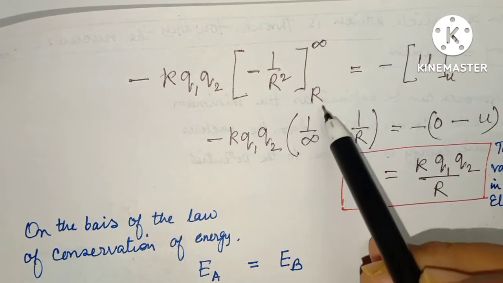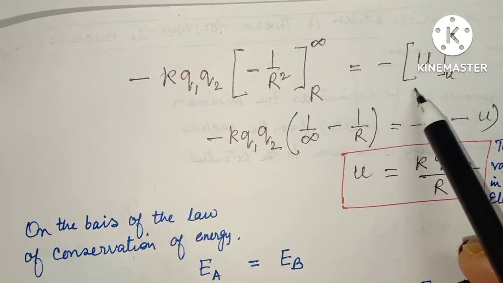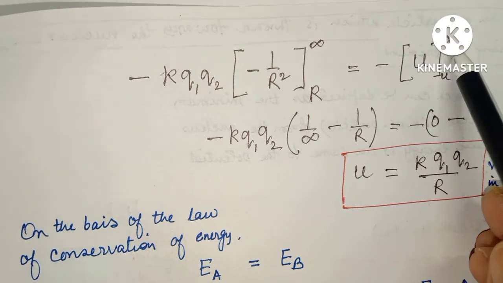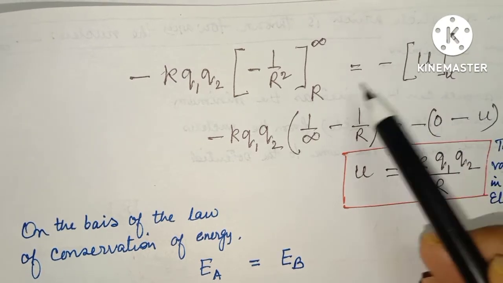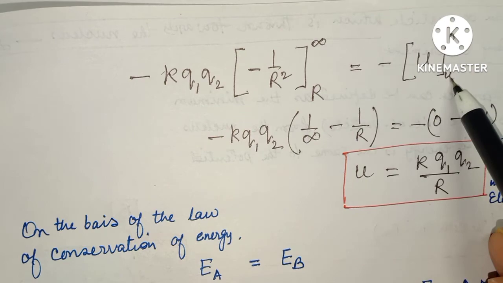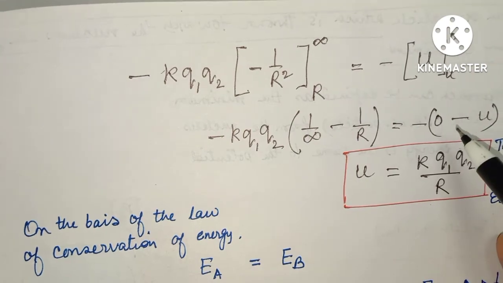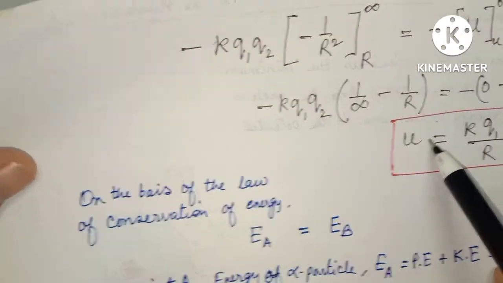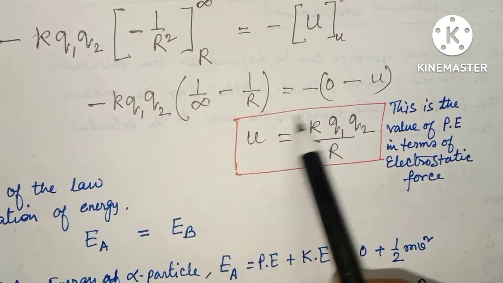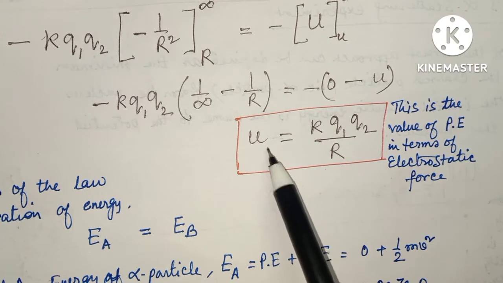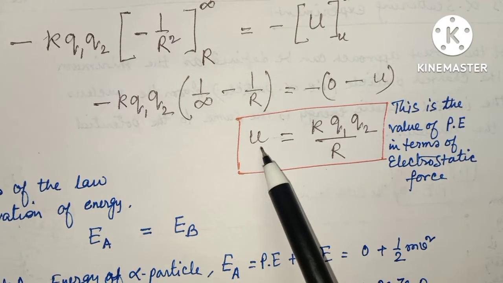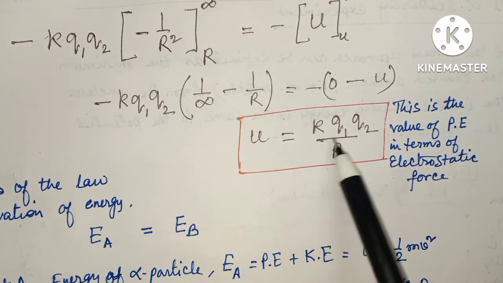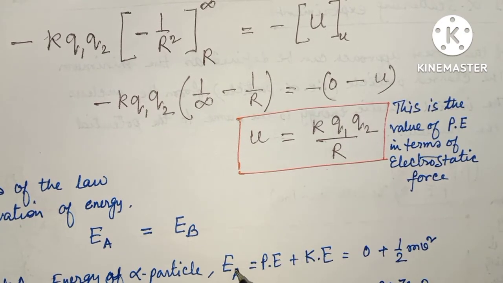Here the upper limit is infinity, the lower limit is r, corresponding to U at infinite distance, U will be 0, but at distance r it would be U. So after putting all of these values here, we get the expression for potential energy in terms of electrostatic force, that is kappa into Q1 into Q2 by r.